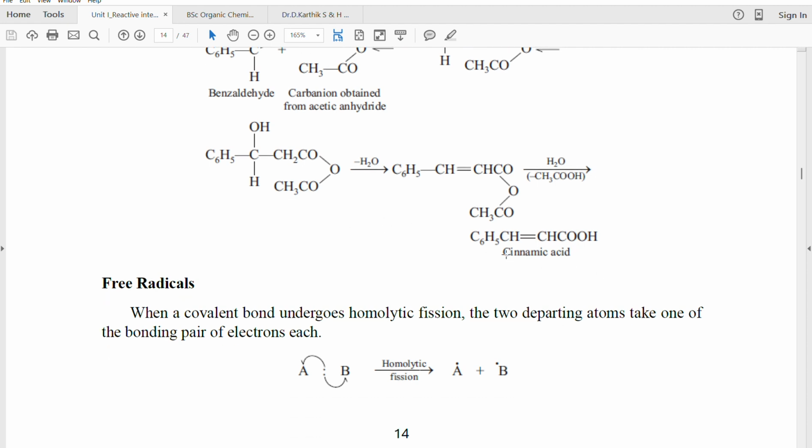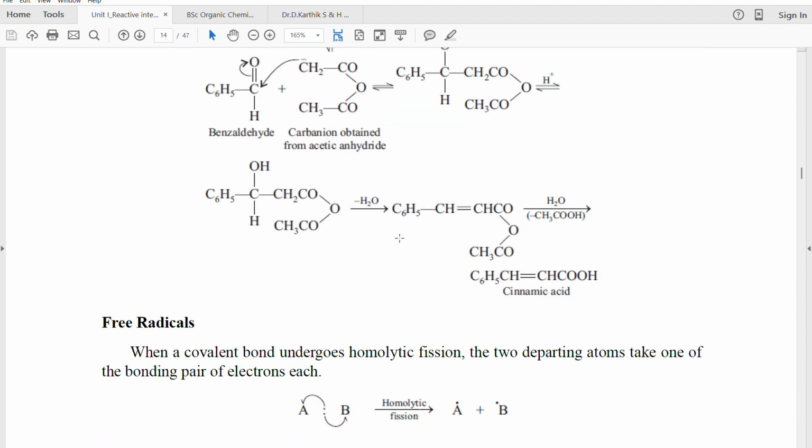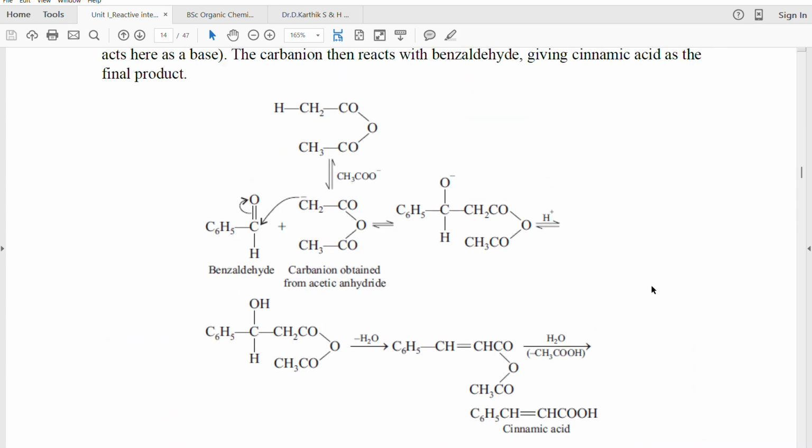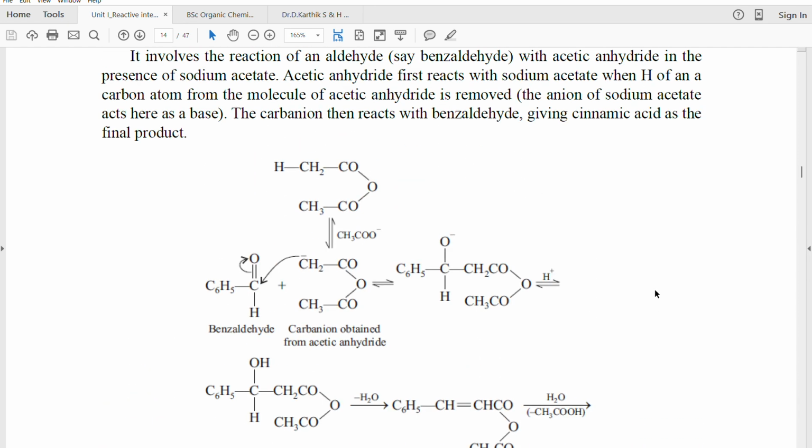So the final product will be cinnamic acid. You take the starting materials benzaldehyde and acetic anhydride in the presence of sodium or potassium acetate, and the final product you will get is cinnamic acid. So this is called the Perkin reaction. Okay, so with this the carbanion intermediate is finished, and then we will see the free radicals next.